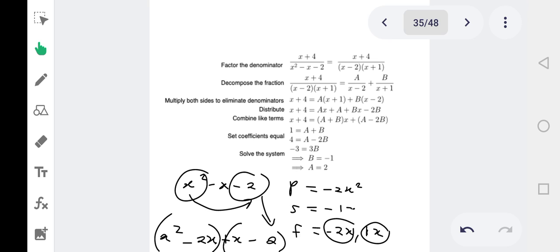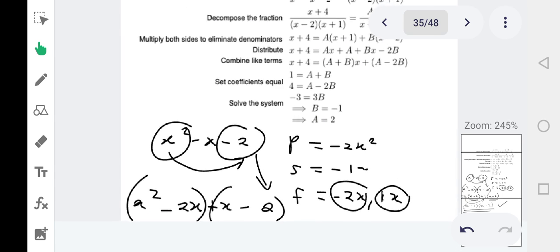We're trying to find a and b. We know the denominators, x minus 2 and x plus 1, but we don't know the values of a and b. What do we do from there?